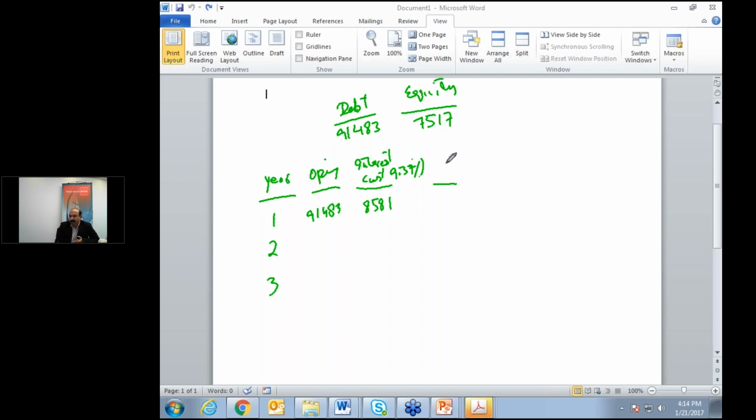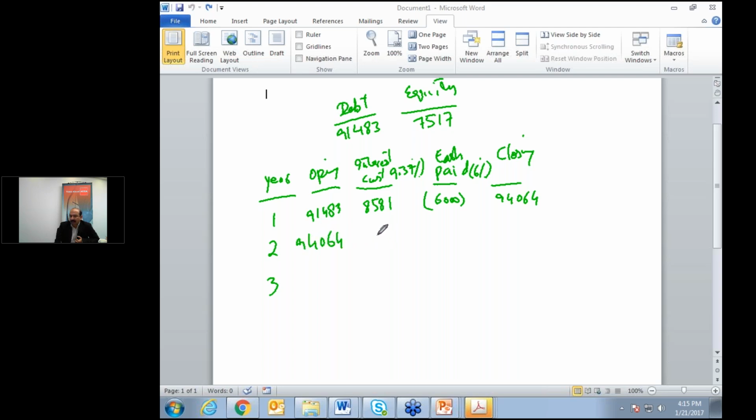Cash paid is at the nominal rate, which is 6% on the face value, and that is 6,000. So the closing will become 94064.